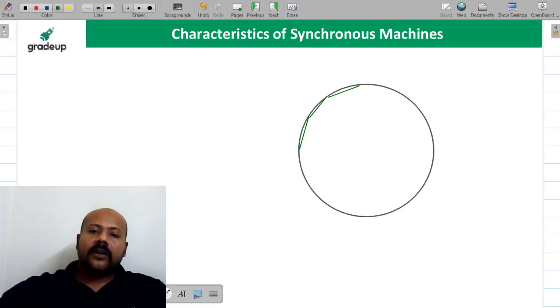For each slot you are writing suppose like this. I am just trying to make it simple for you. Please try to understand.